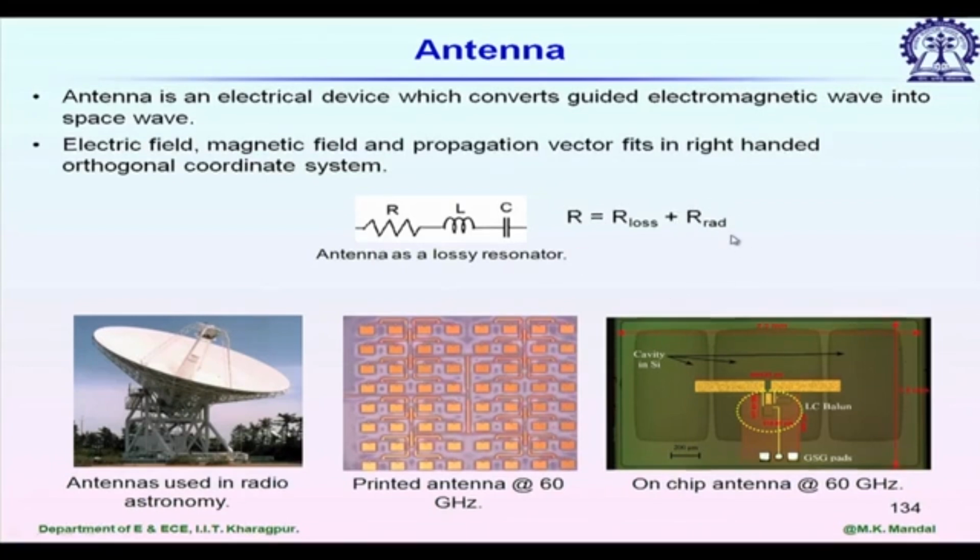The radiation coming from the antenna we represent by an equivalent resistor, which we call R rad, or the radiation resistance of the antenna. It is as if it is a loss for the structure, and it comes out in the form of radiation. So, R is equal to R loss plus R rad.